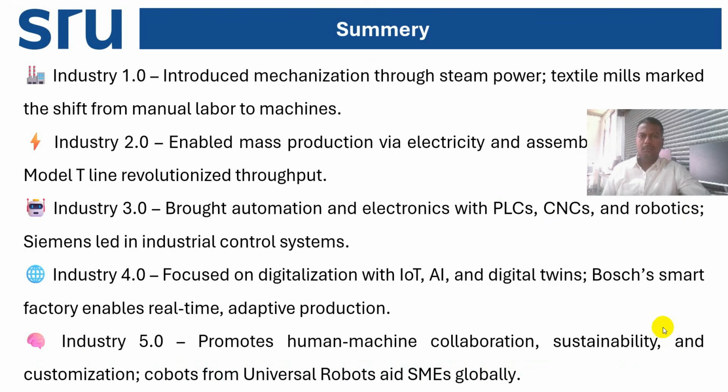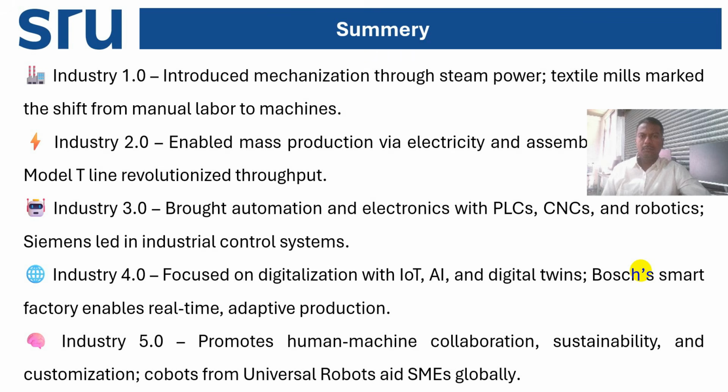Textile mills mark the shift from manual labor to machines. Industry 2.0 enables mass production via electricity and assembly lines, and the Ford Model T line revolution happened in the Industry 2.0 era.